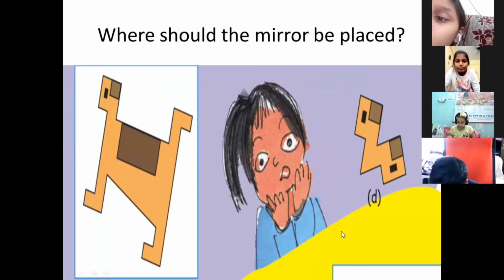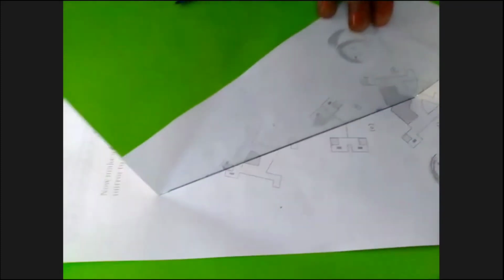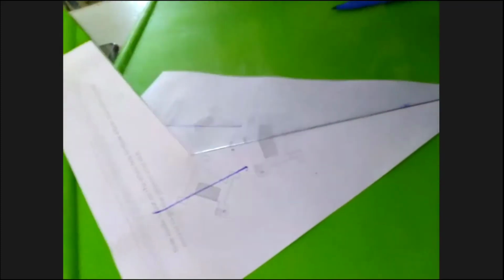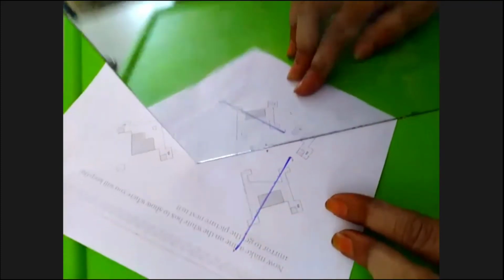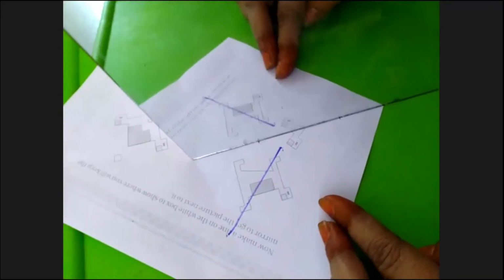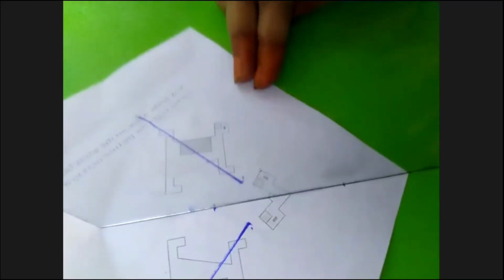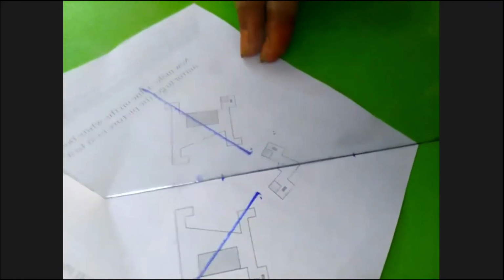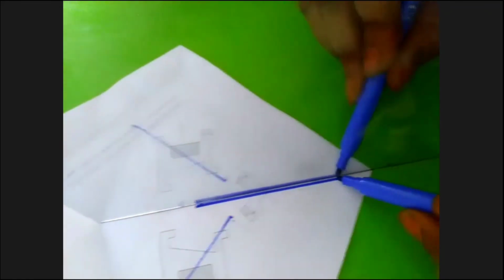See here, I am keeping it like this. Am I getting the picture D? No. So now just change it. Only the head part we have. See here now, it is coming. So we have to draw a dotted line along this, like this. Okay?